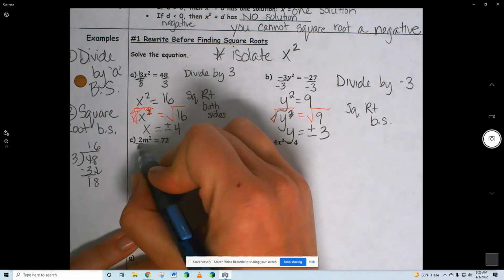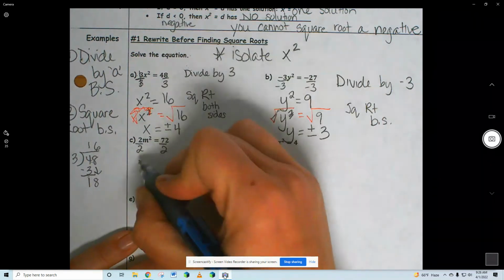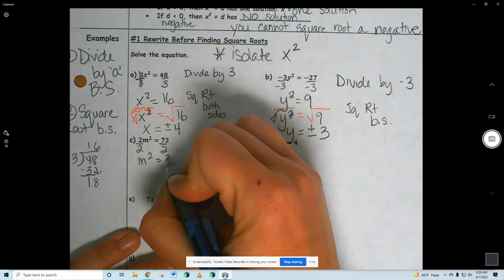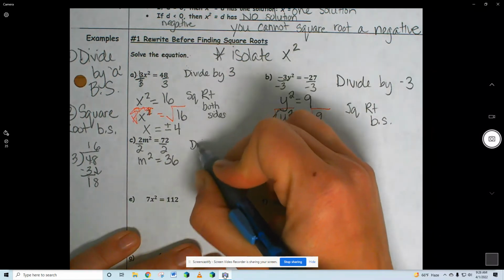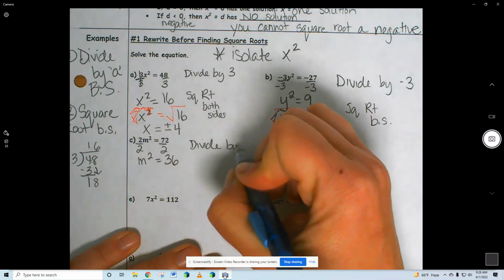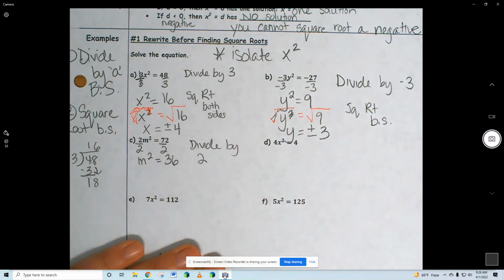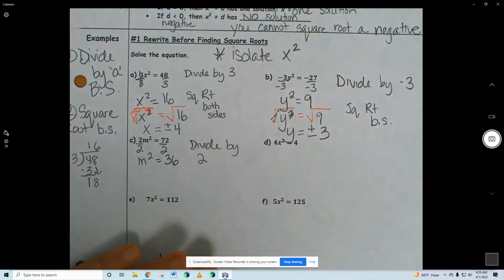C, divide by 2. Get rid of that 2, that a. Divide by a.